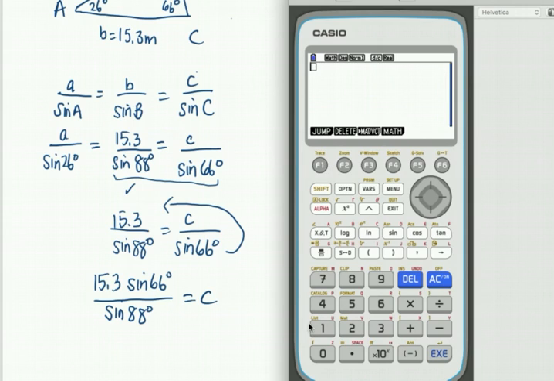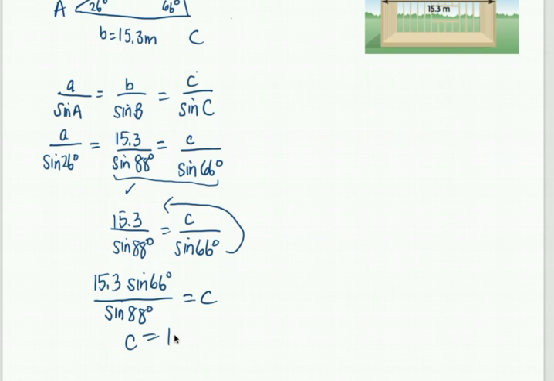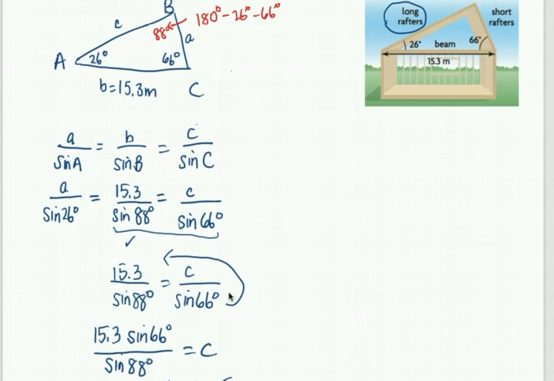Okay, so now we have 15.3 times the sine 66. I'm going to hit equals, and then I'm going to divide by the sine 88 equals, and I'll get 13.985, there's some other digits there. And what are we finding here?